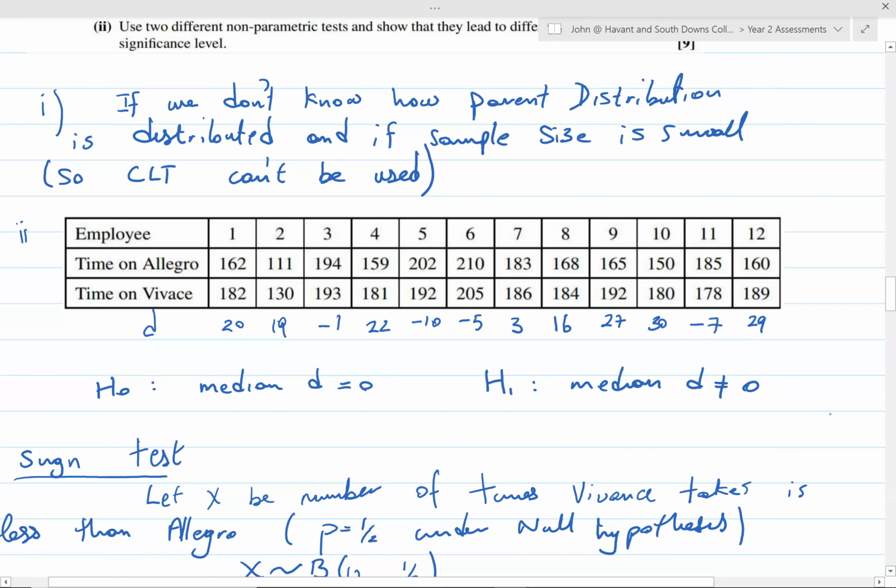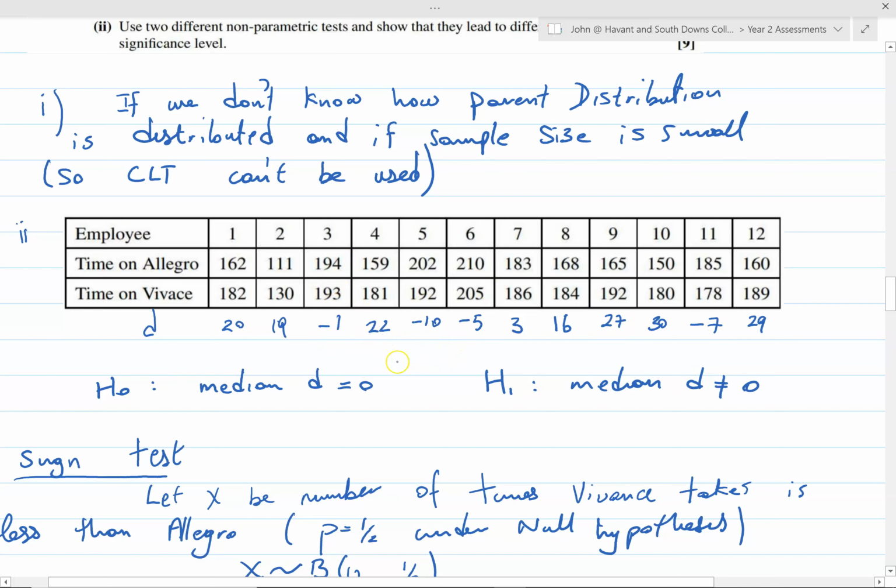Well, I'm going to do the sign test first. So in this case, we've got two options: the sign test or the Wilcoxon signed rank test. So let's do the sign test first. We don't actually need the absolute values of what the difference is here.